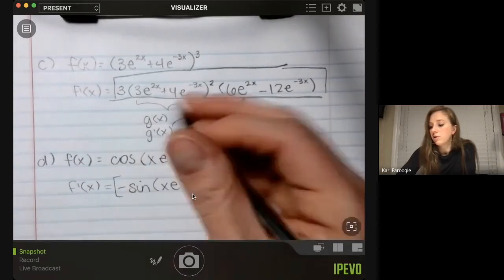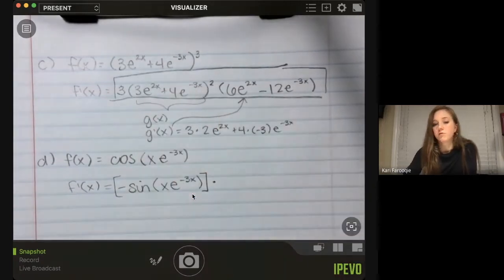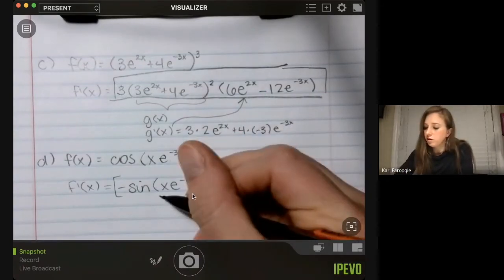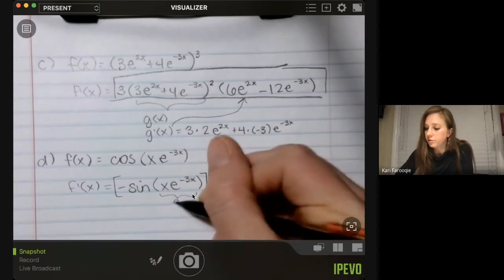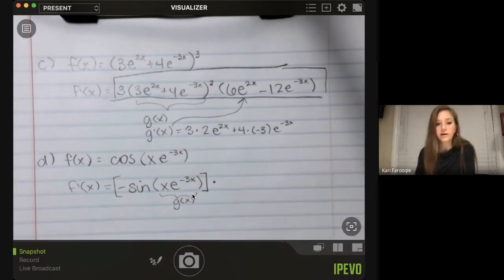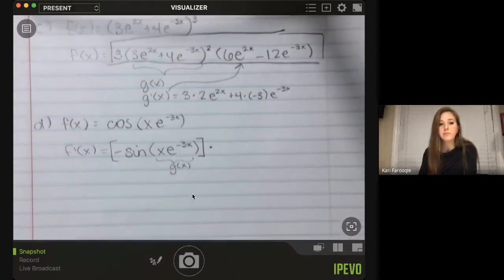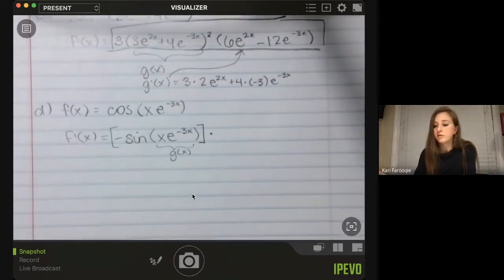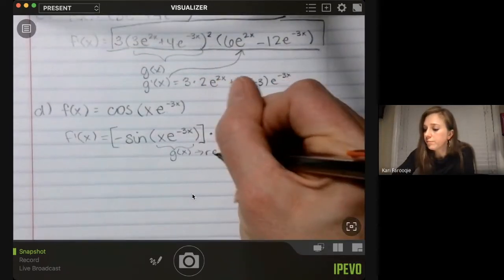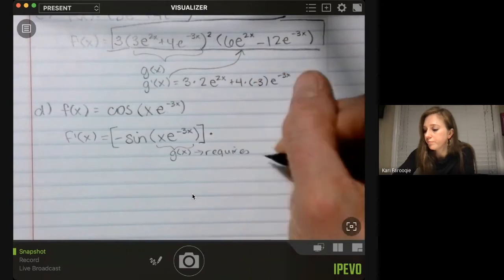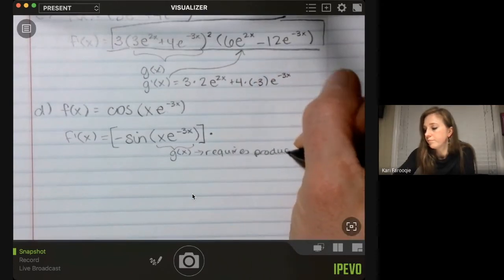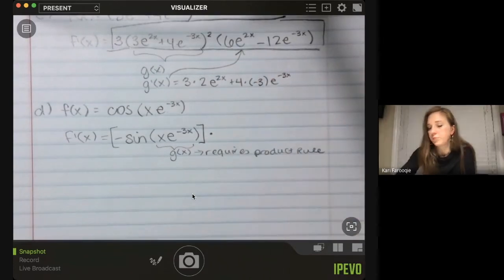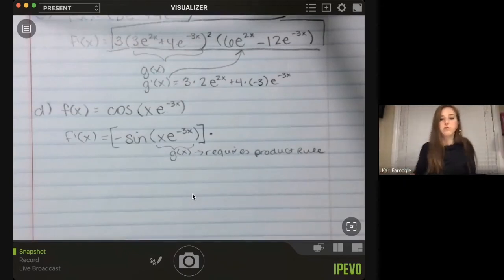But you must chain on the derivative of the inside function. Now, the inside function is this one. That will be your g of x, if you want to think about it that way. And then this requires the product rule, because you are multiplying together 2 functions of x.